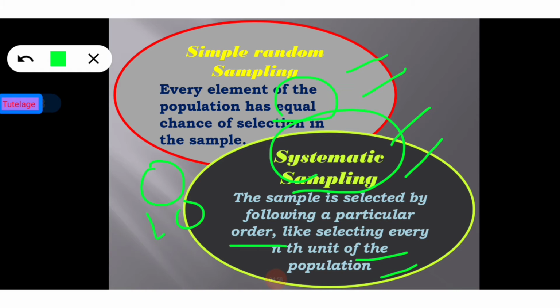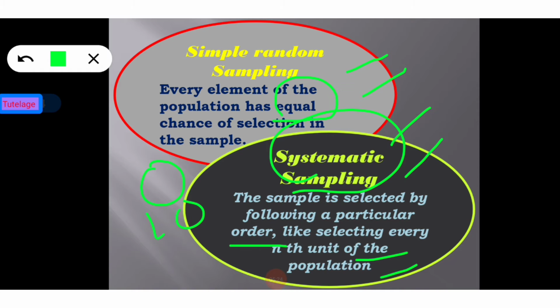So for the sample, one can select every 10th unit of the list of students. A question arises here: how will the first unit be selected? The first unit of the sample can be anyone chosen randomly from 1 to 9 on the list. Suppose the 4th student on the list.